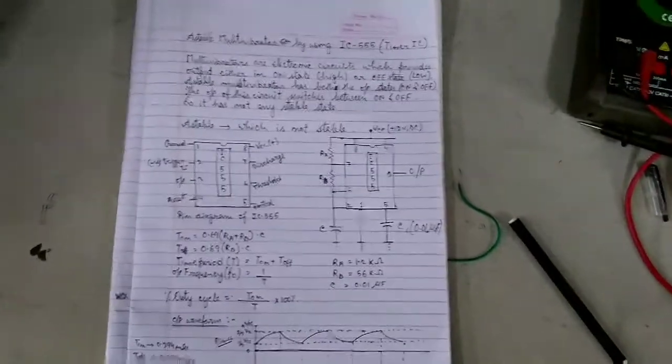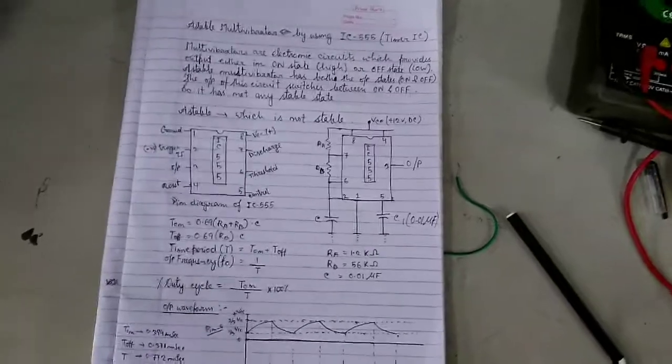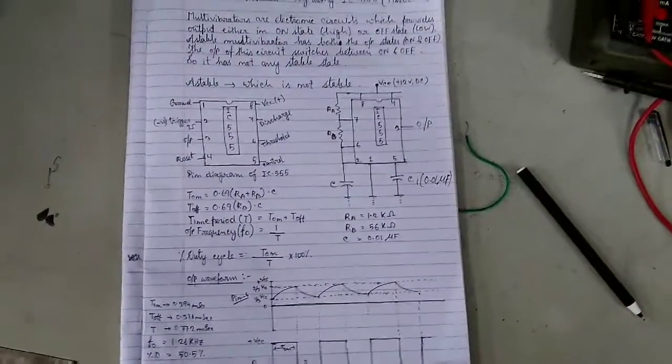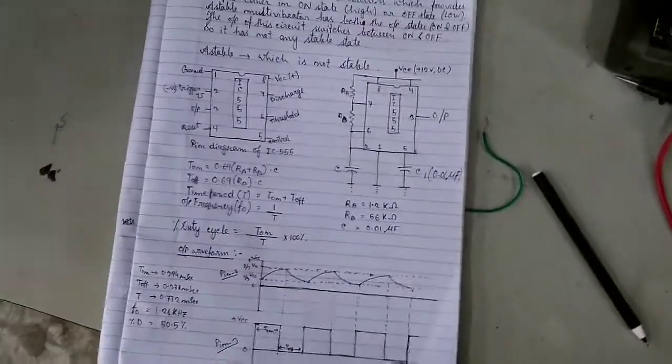So this was astable multivibrator using IC 555, and the application of this circuit is where we need any rectangular wave generator, we can use this circuit.